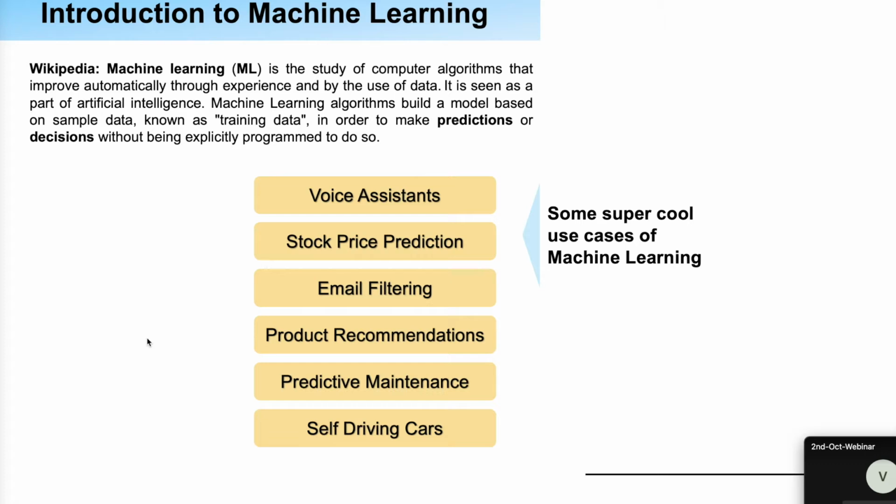So we have voice assistant. Let's say, for instance, I give this example quite often. You want to book a restaurant. So you call up the restaurant help desk, and somebody picks up and you say, okay, I want a booking for 4 persons at your restaurant at 8 o'clock in the evening.